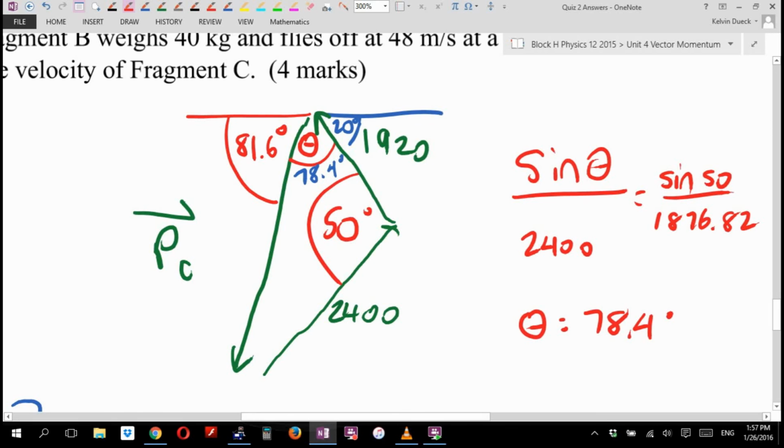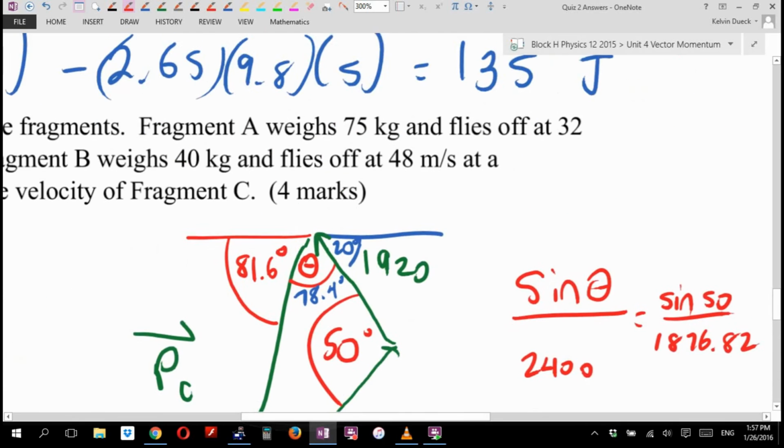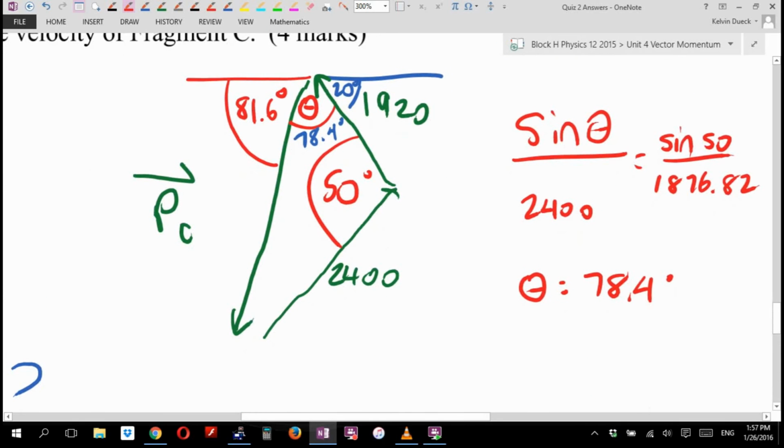I think one possibility is 81.6 degrees. What of what? North of south, east of west, what of what? I think that is south of west.